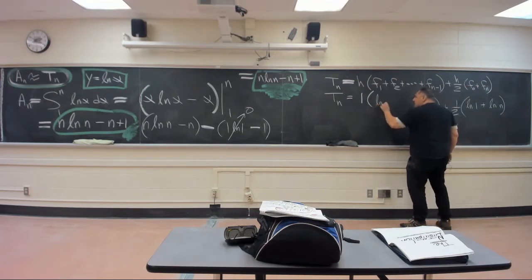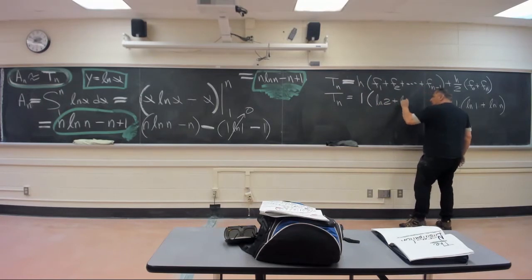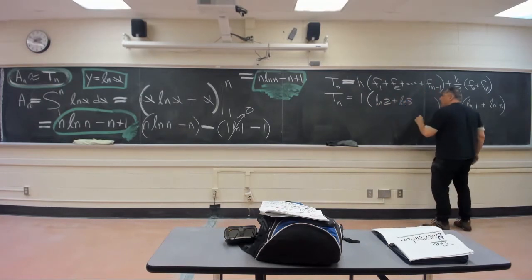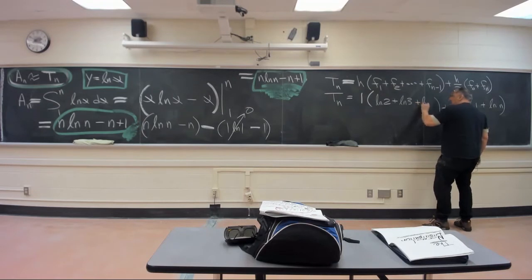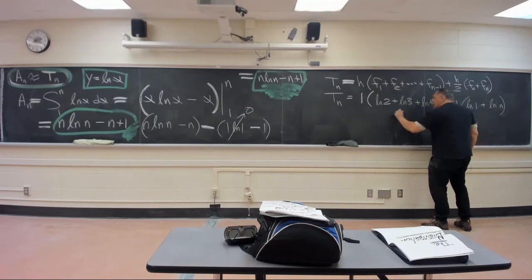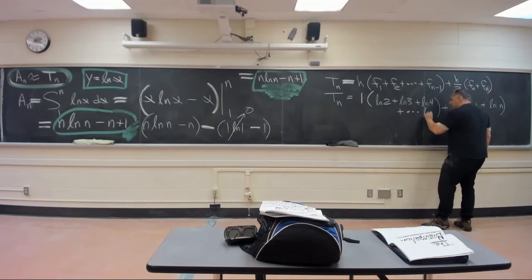This is ln2 plus ln3 plus ln4 if you wish. I mean, we're just going to keep adding these, assuming there's a lot of them here. And this is ln of n minus 1.